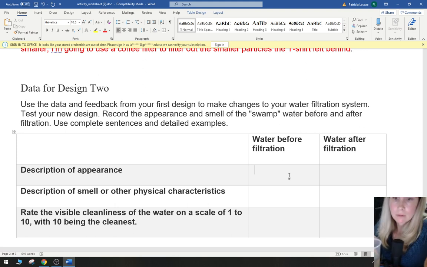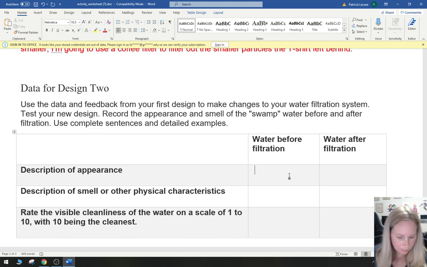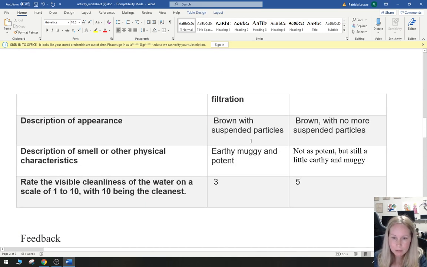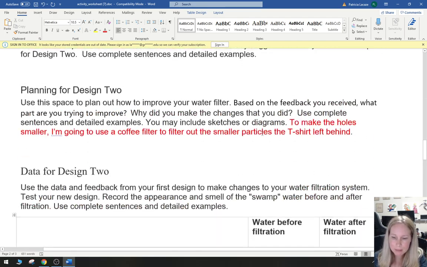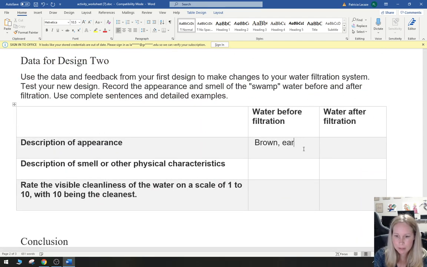All right, so water filtration before. It's the same thing. This is just a repeat of what we just had. So description of appearance. Brown, earthy. It was muggy, right? Brown. Okay, brown. Oh, whoops, that's the smell. Brown with suspended particles. That's right, sorry. Suspended.